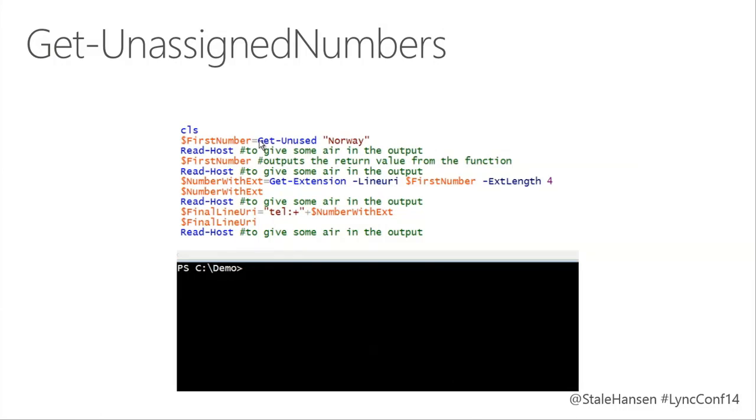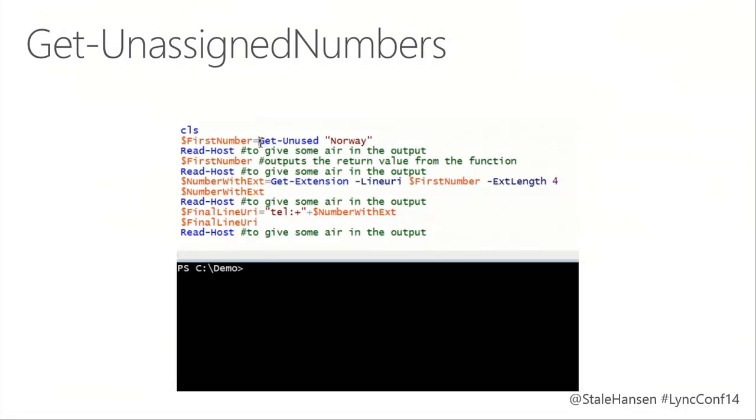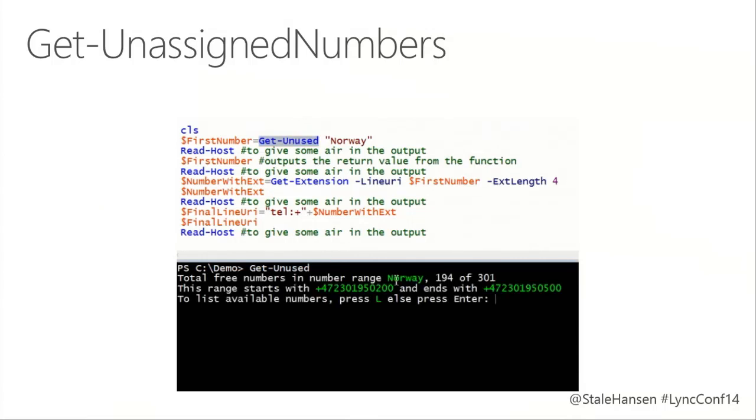We know the ranges we have gotten from the telcos or the local PBX we are behind. The script is based on 3 functions, and I wanted to do them as functions so it's easy for you to reuse them in your own routines. The first function is called get unused. If you don't use a parameter, like I don't here, it will go through all the ranges that are applied.